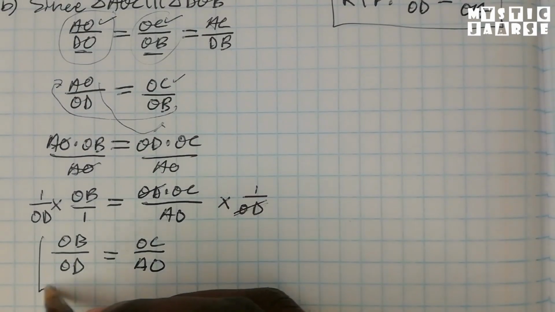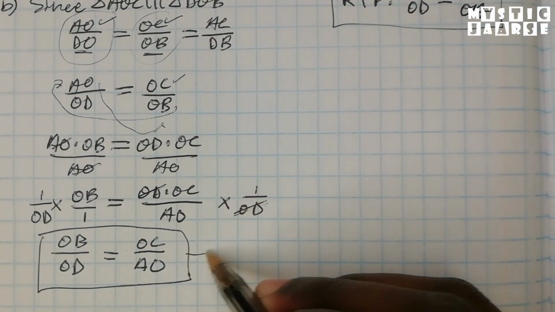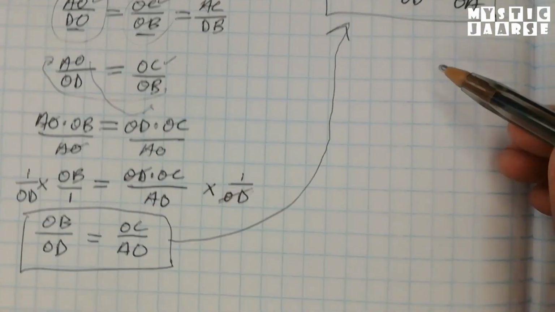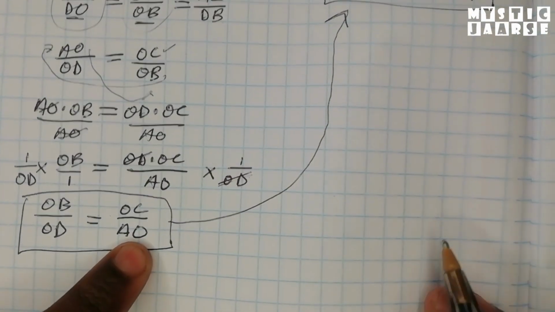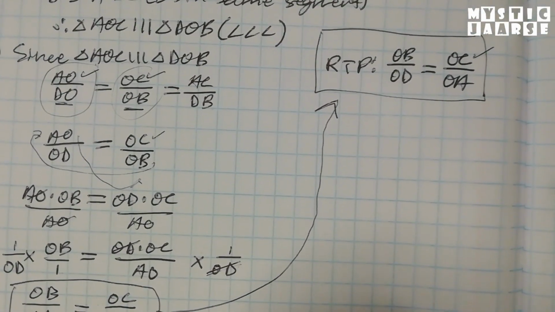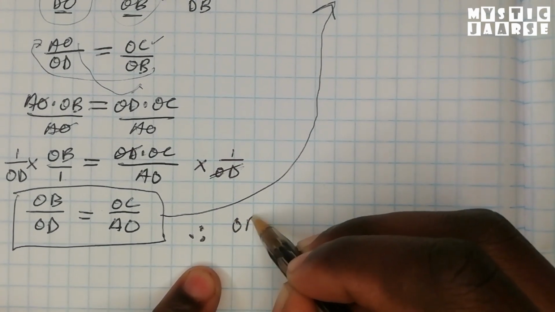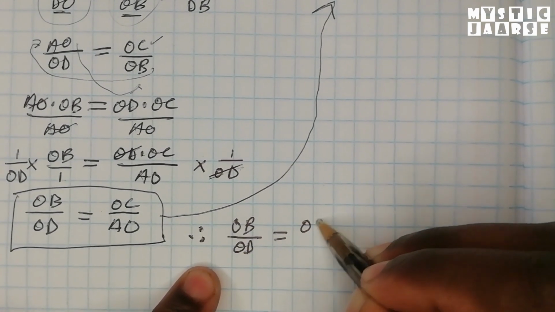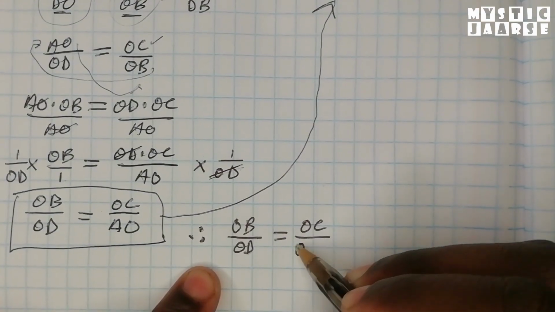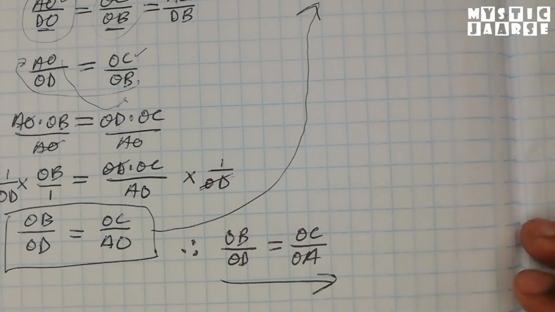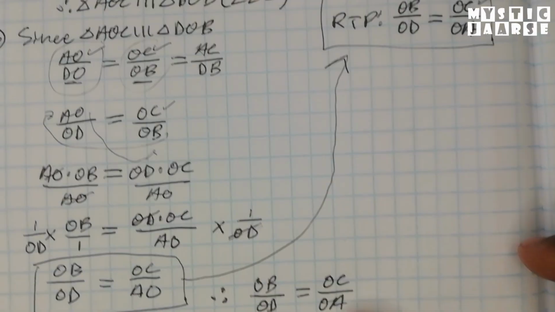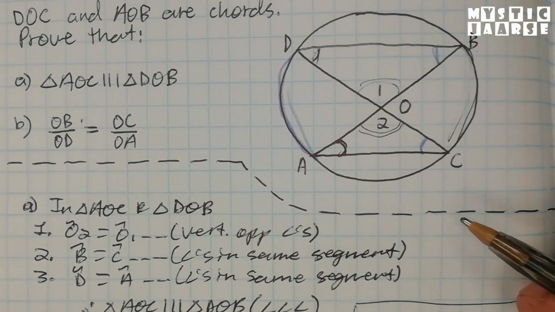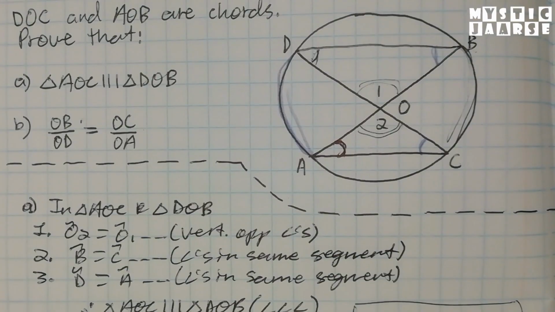Now this is the same as what they asked us to prove for. Well, it's not the same because we need to rearrange AO. So therefore OB divided by OD is proportional to OC divided by OA. Therefore, we have proved the corresponding sides of our two triangles are in the same proportion. Thank you for watching.